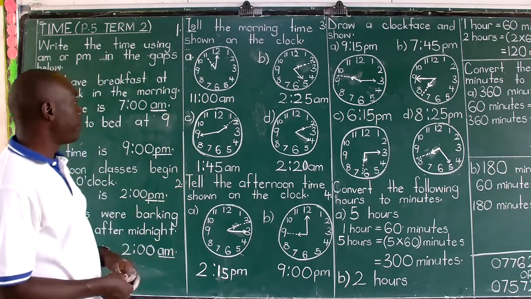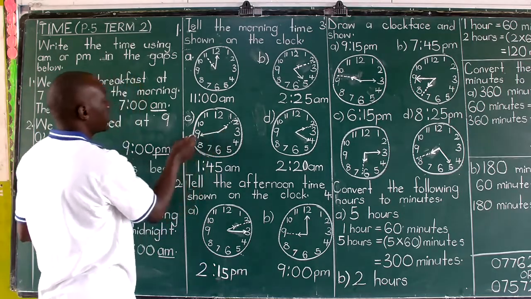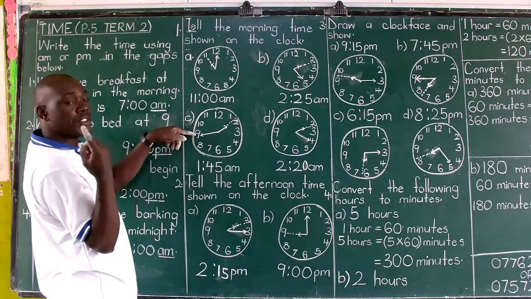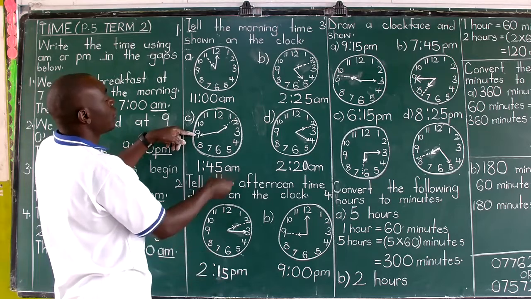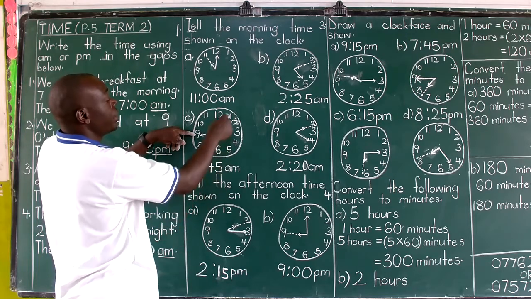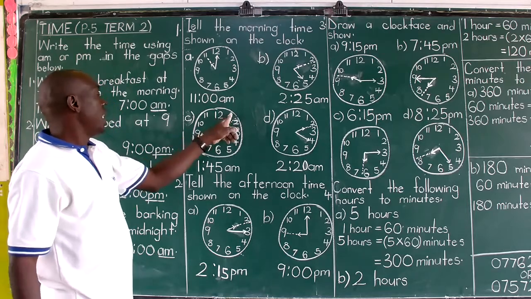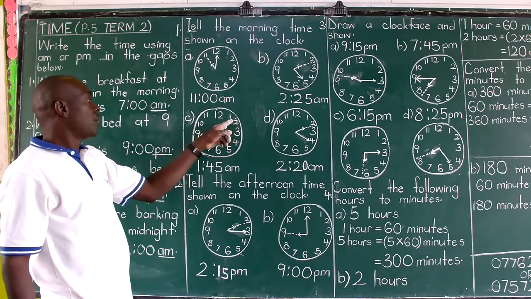So as we look at example C, the longer hand is the minute hand. It points at 9. What's 9 times 5? Good, 45. So 45 minutes have gone beyond the 1 hour. So it is 1:45. They have gone beyond.